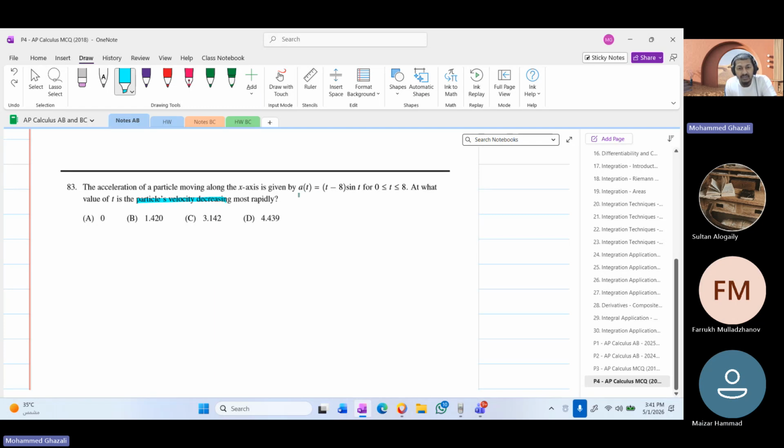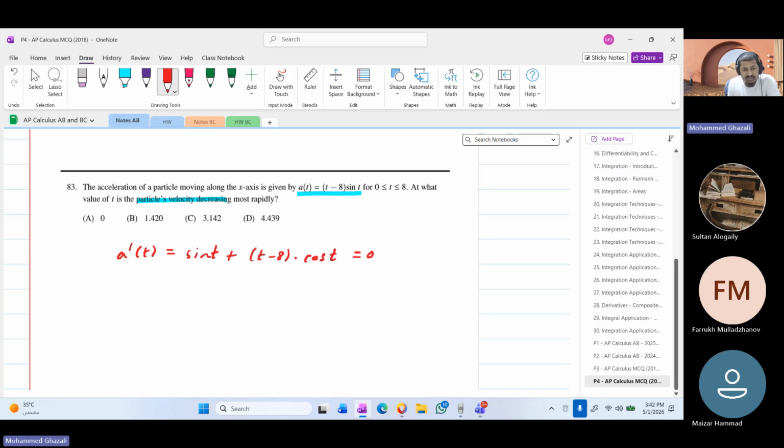Now listen. A of t is t minus 8 times sine t. The acceleration is the most when, yes, when acceleration is the most. So maximum acceleration means a prime t equals 0. Find the derivative. I found the derivative of the first part. That's just 1 times sine t plus t minus 8 times the derivative of sine t, which is cos t, equal to 0.